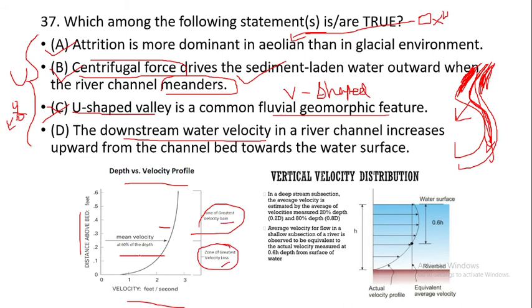Now here you see this portion, that is a profile. We can find that the minimum velocity is present at the base. Here you can see the minimum velocity is always at the bed. At the water bed the velocity will be minimum and it will increase towards the top.